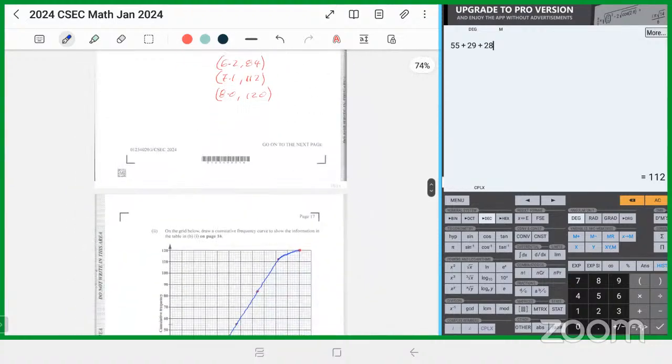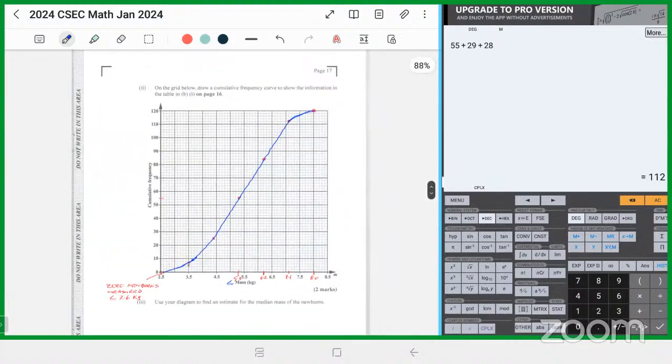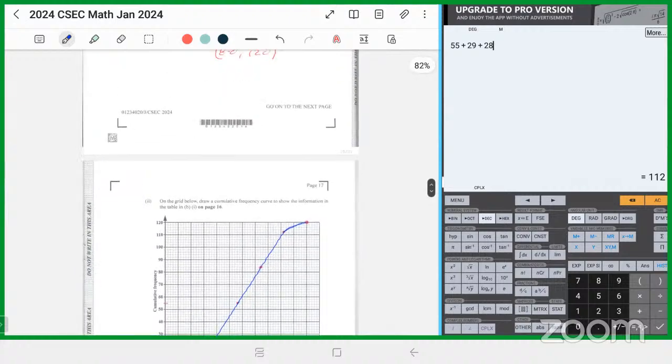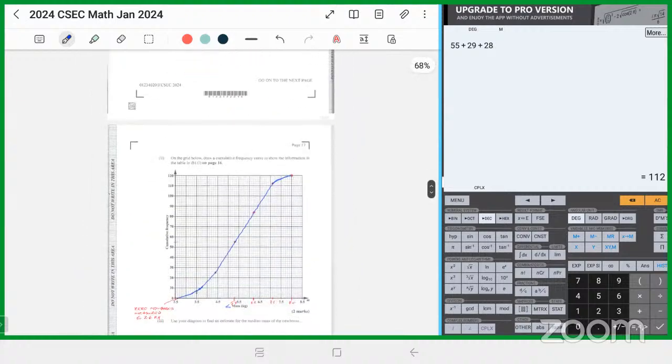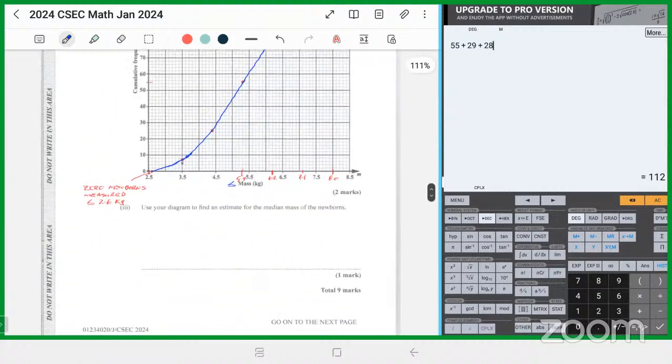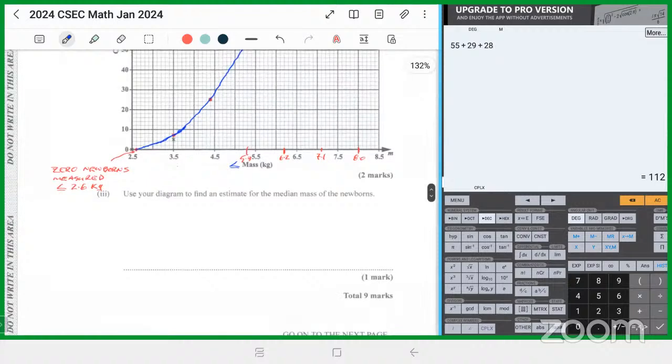All right, so next part, I've drawn a graph. What does it want us to do? Anything else? Let's make sure. Nope, that's just one last question. Use your diagram to estimate the median. Remember, the median is the mass of the newborn that is the middle of the distribution.